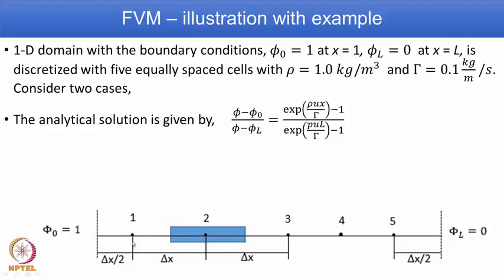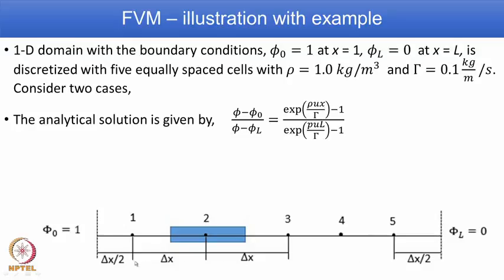We have discretized the domain with 5 equal nodal points 1, 2, 3, 4, 5, and they are equally spaced. So, you see delta x as the distance between node 1 and 2, the same way the distance between node 2 and 3 and so on.